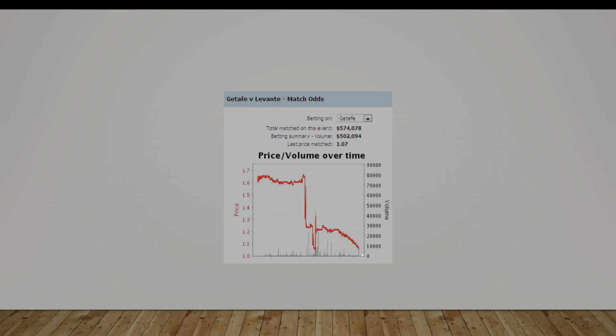You don't care what the end result is, because when the game reaches the 90th minute, 93rd minute, your position is most likely settled. You care about this chart as a whole. You care what happens throughout the game, right?